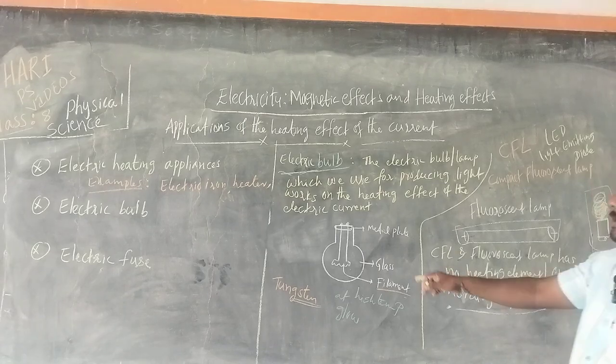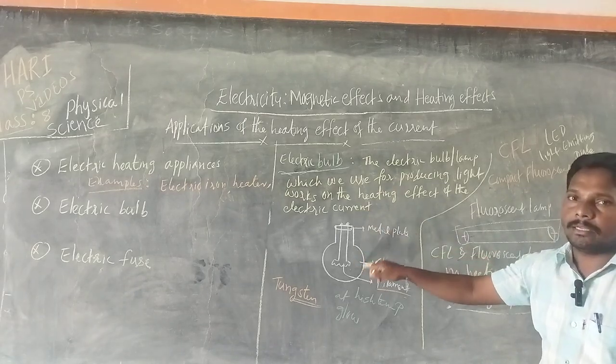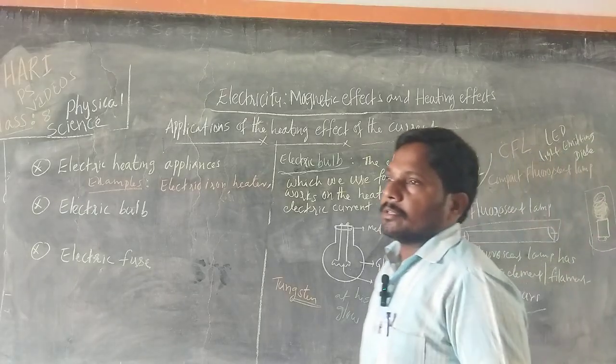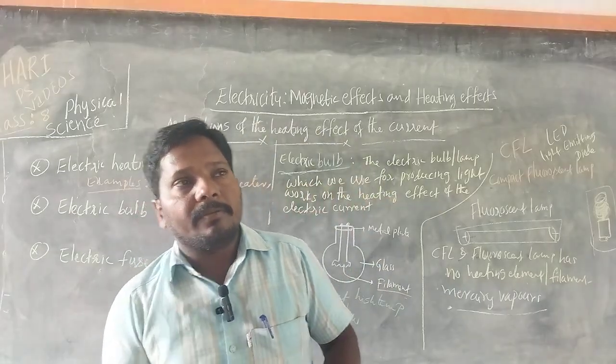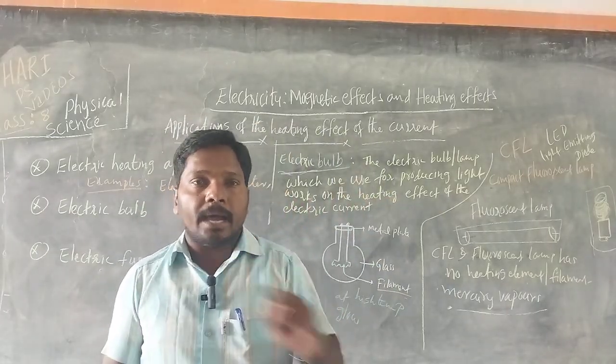So the electric bulb works on the principle of the heating effect of current, but CFL and fluorescent lamps do not work on the heating effect of electric current because they have no heating element inside.